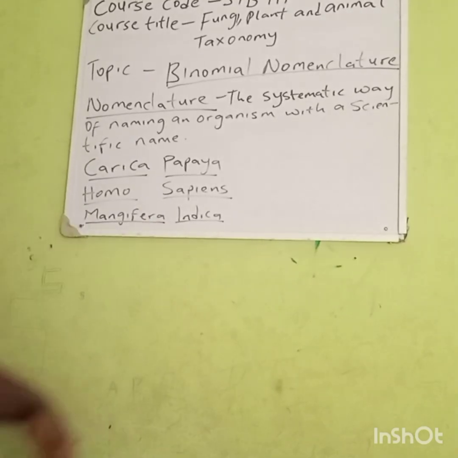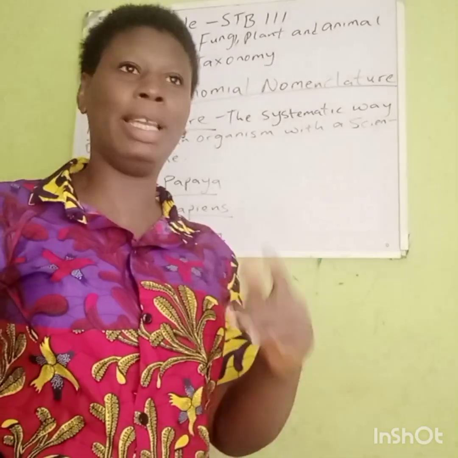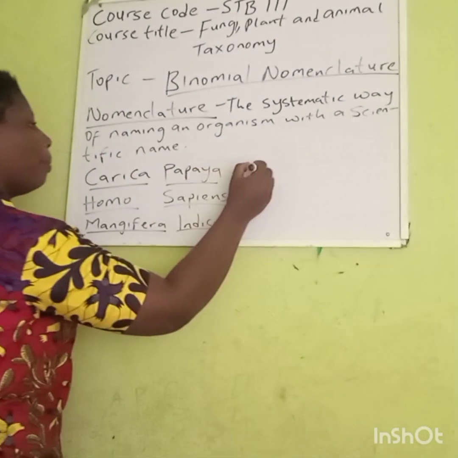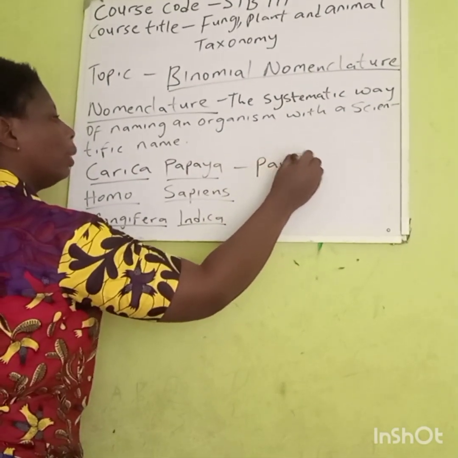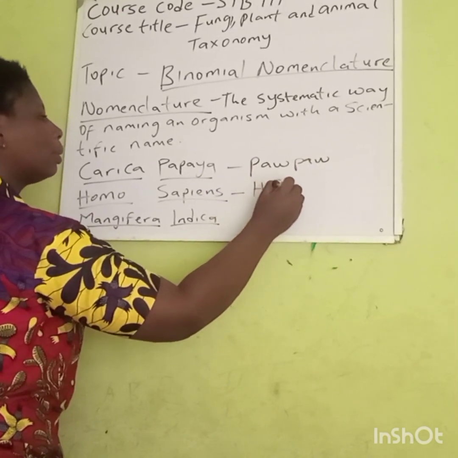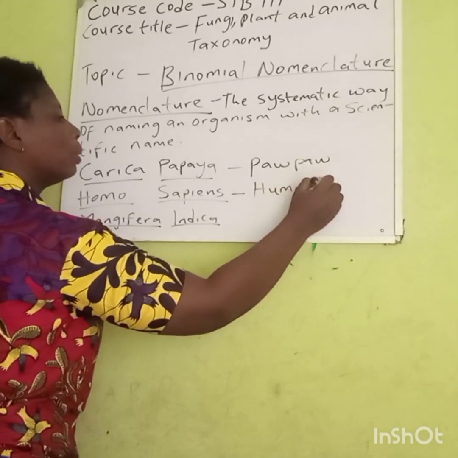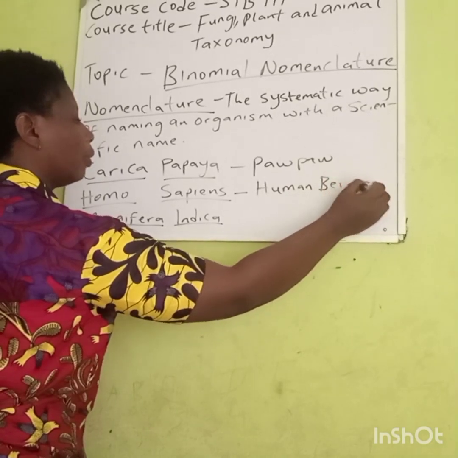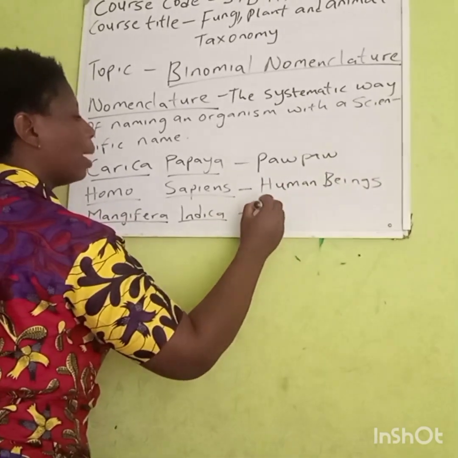You'll be seeing something like this. It is a scientific name. This one is pawpaw in English. This one is human beings. And this one is mango.